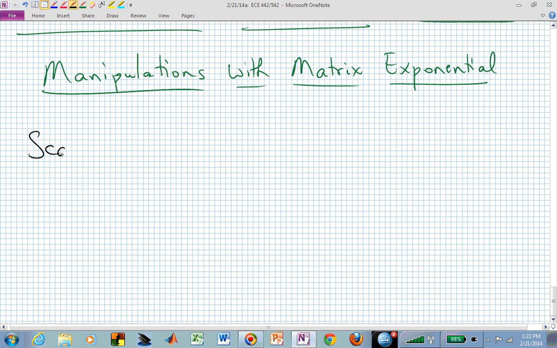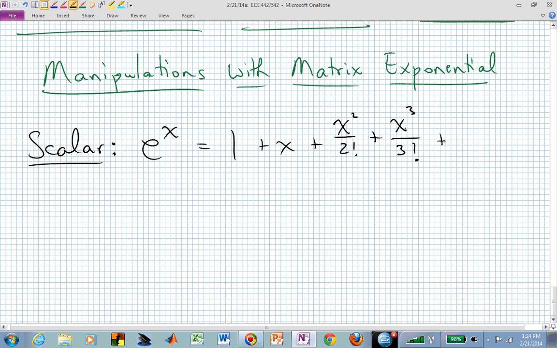First, let's just try to get a feel for what this matrix exponential is. If you remember the scalar formula for an exponent, e to the x, that's this series expansion, 1 plus x plus x squared over 2 factorial plus x cubed over 3 factorial, and that's an infinite series expansion. The matrix version is consistent with that structure.